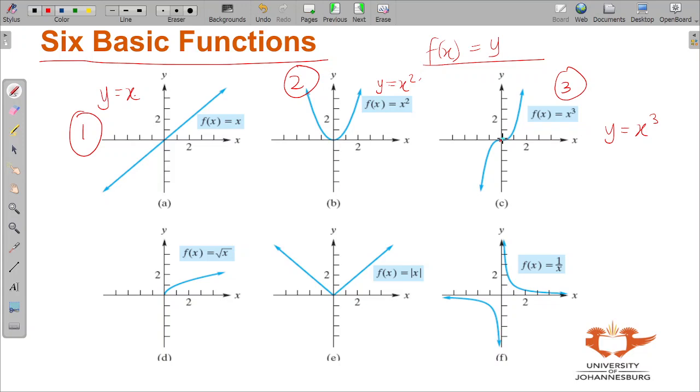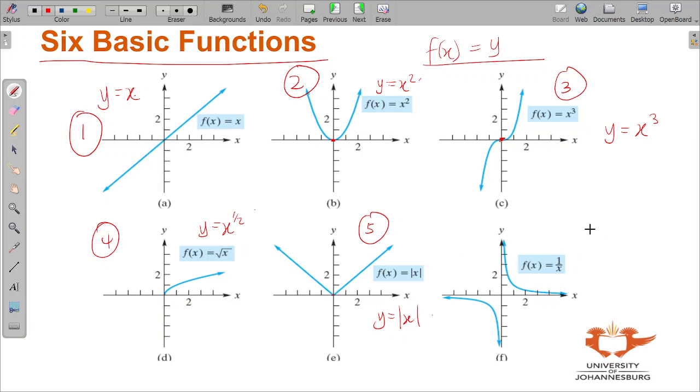It has an origin. Okay, this also is at the origin here. Number four, when y equals x raised to power half, it's still the same thing as root of x. That is the graph. And then number five, when y equals the absolute value of x. There is a sharp point here.